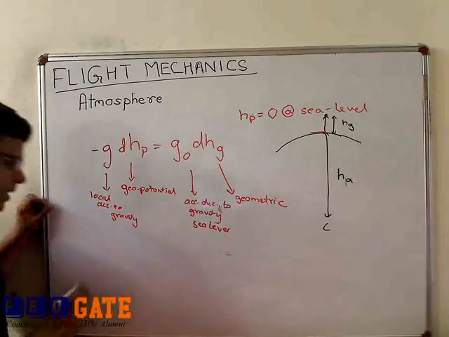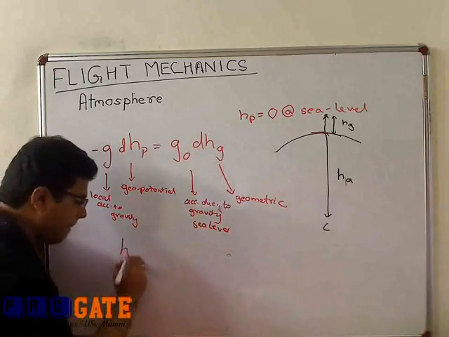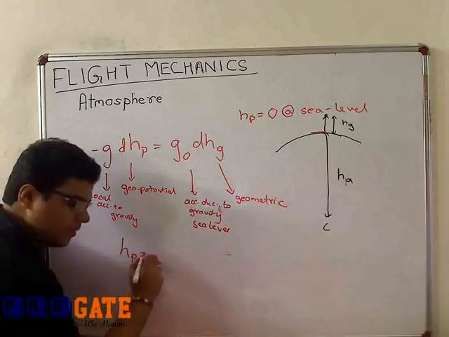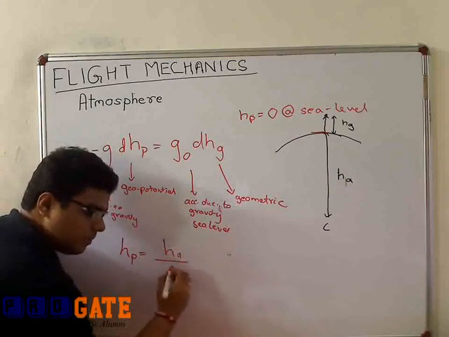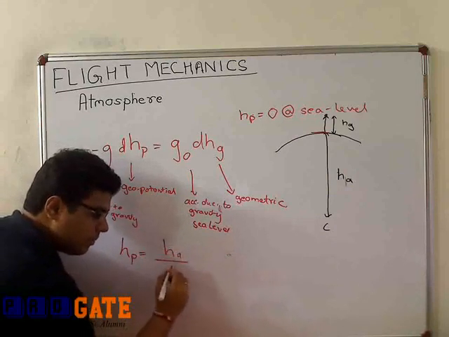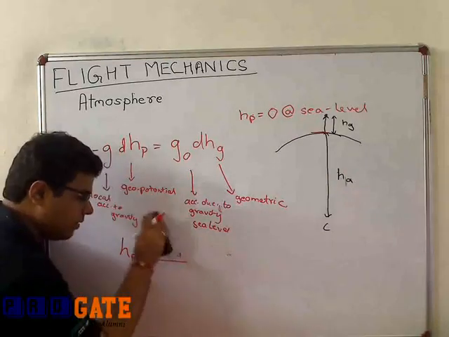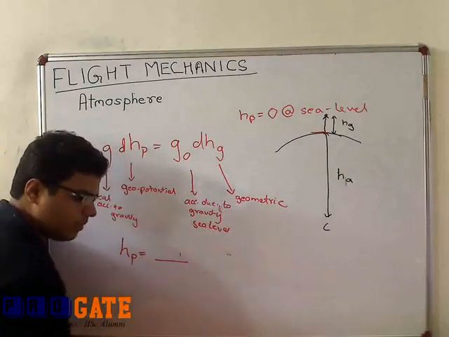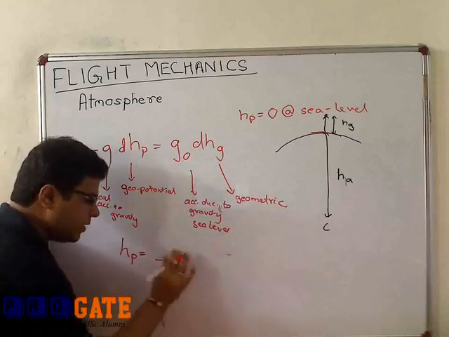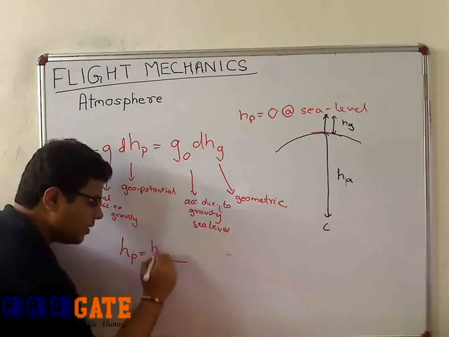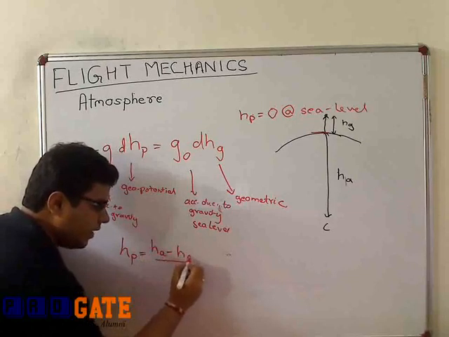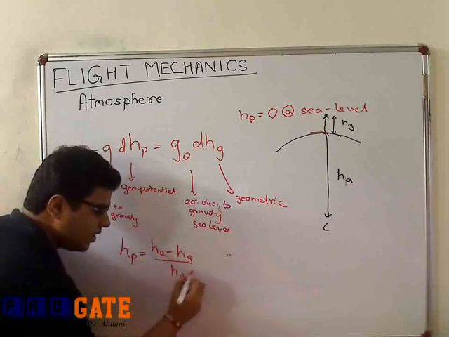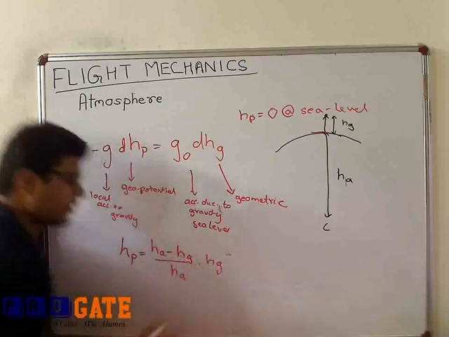This equation can be stated as HP, the geopotential altitude, is equal to HA minus HG upon HA into HG.